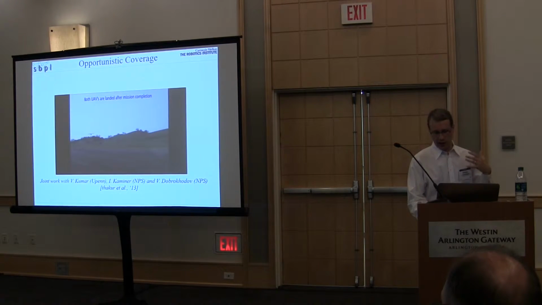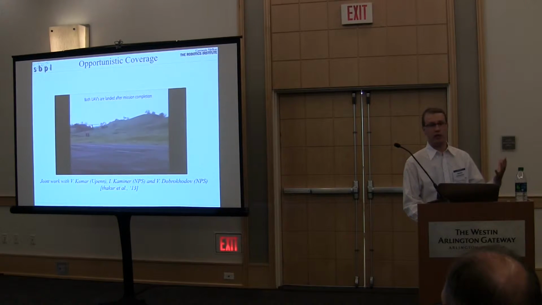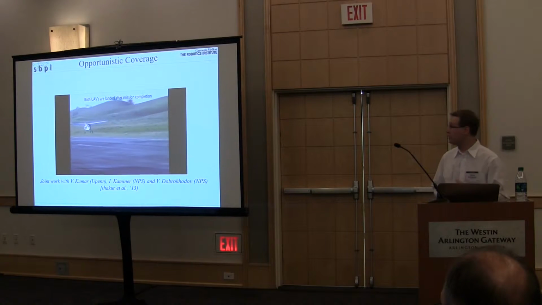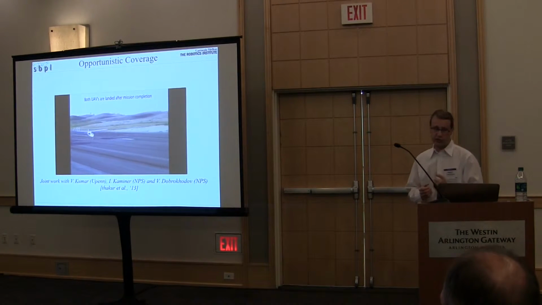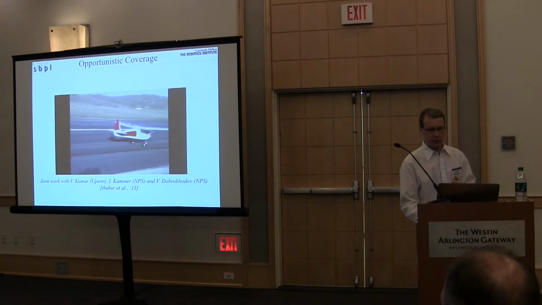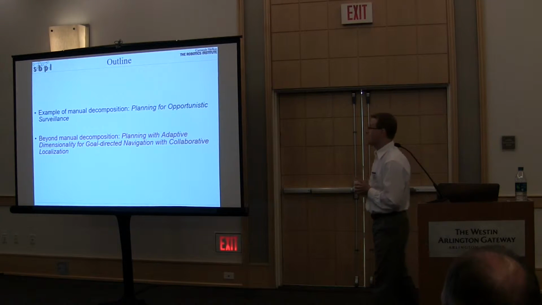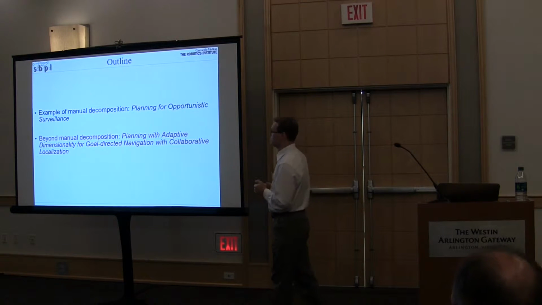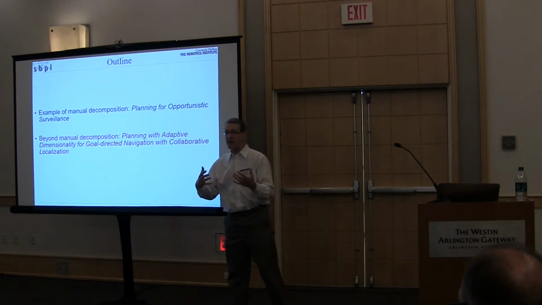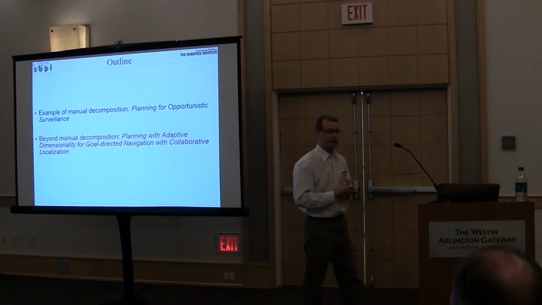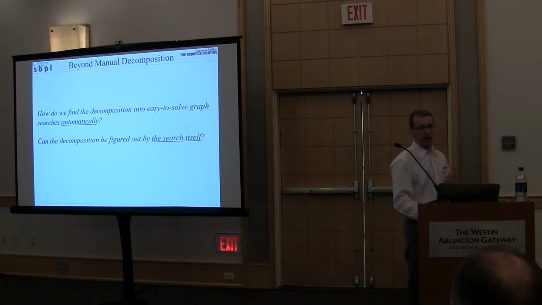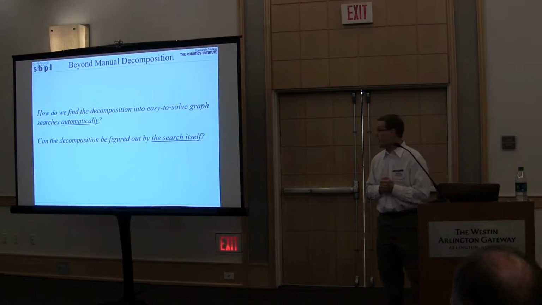So I think this is an example of a manual decomposition of the planning problem into a series of graph searches. And as I said before, the interesting part, the next step, is how do you take that manual decomposition and go beyond it. In particular, how do we find this decomposition automatically.